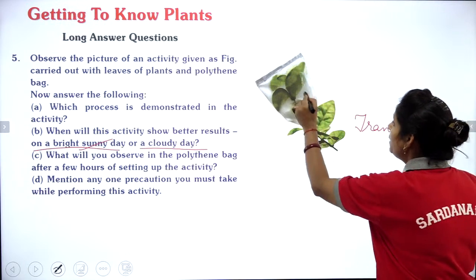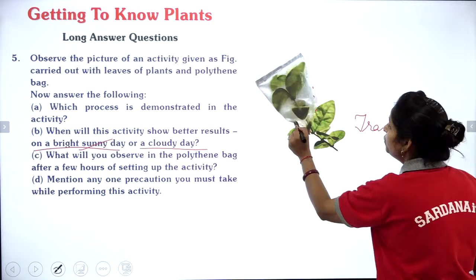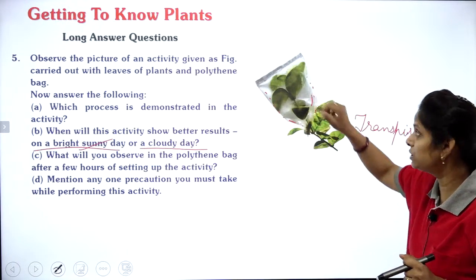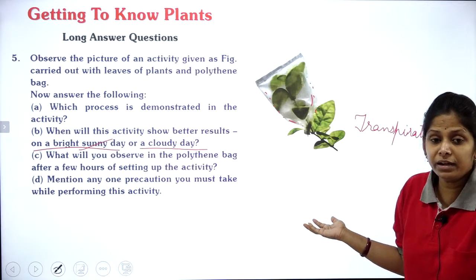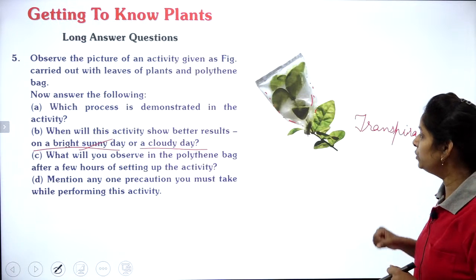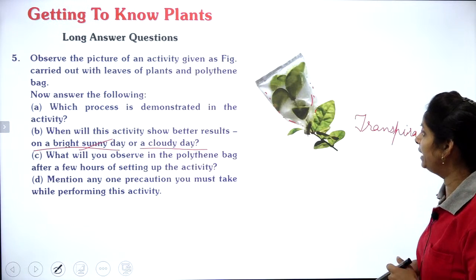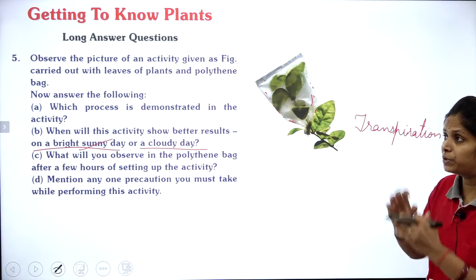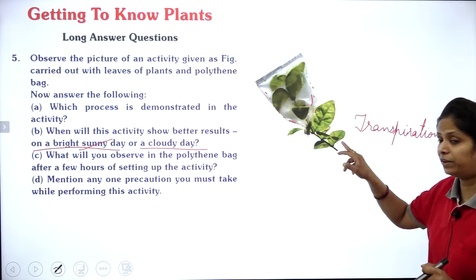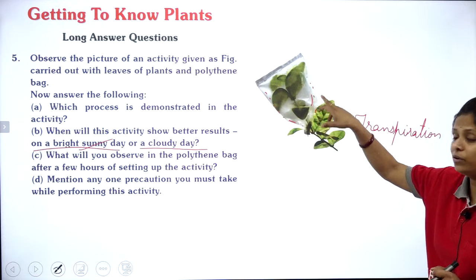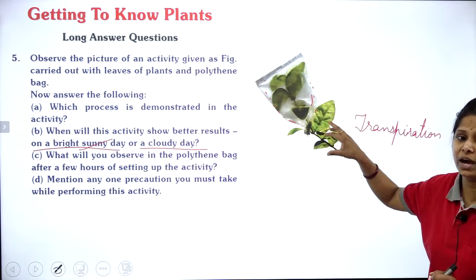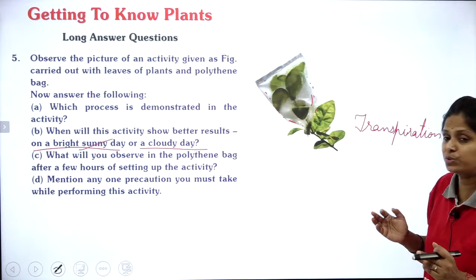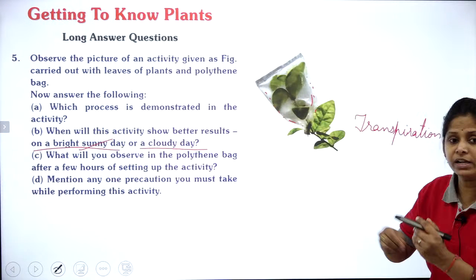Yes, on the inner surface. Here you will see tiny water droplets on the inner surface of the polythene bag. From where do they come? Because of the sun's heat, we know very well, leaves carry out the transpiration process continuously, 24 hours. So there is loss of water going on continuously.